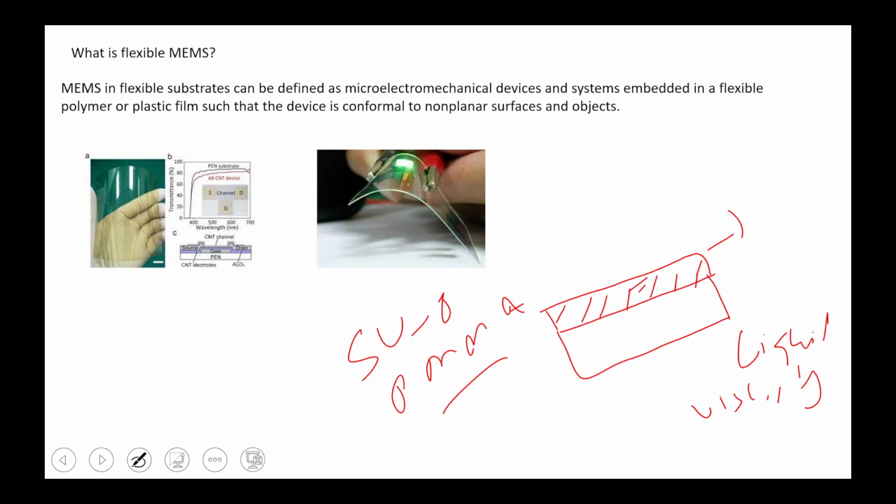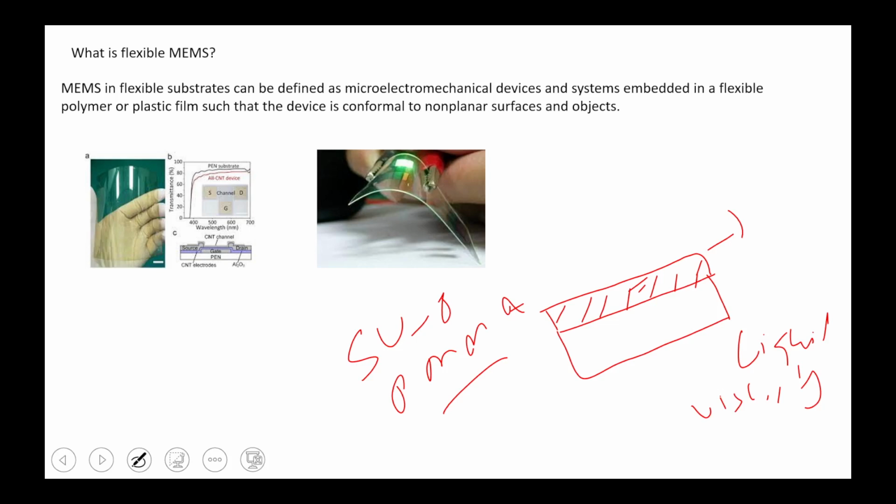No, hard baking is done after exposing the light. After the exposure to light we do the hard baking. It is the standard process you have to follow during photolithography. Okay, sir. Anything else? No, sir.